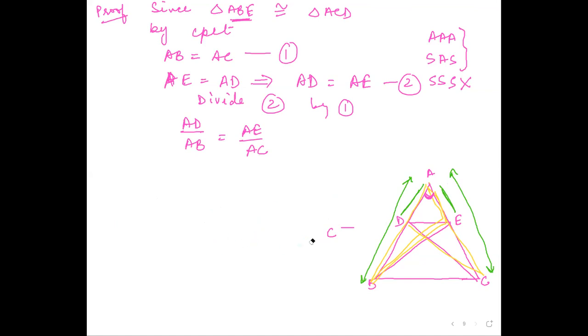So now I'll write that in triangle ADE, I take the small triangle and the big triangle ABC. So angle A is equal to angle A, which is common. So one angle is equal and the sides are in proportion.